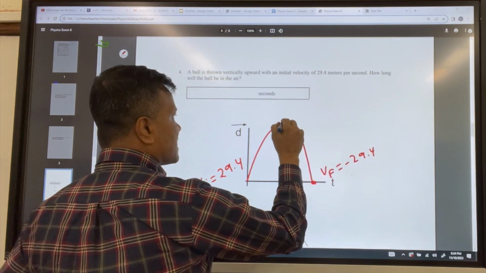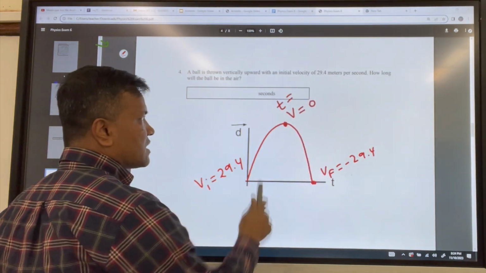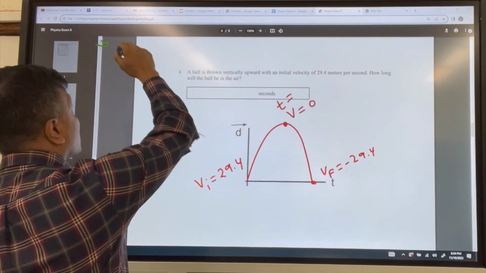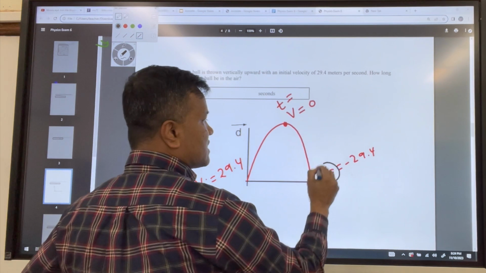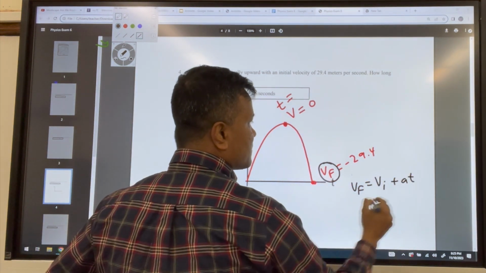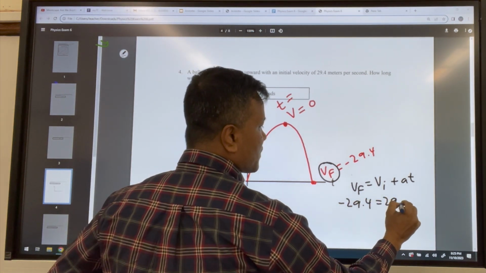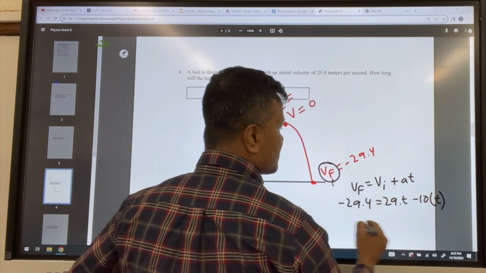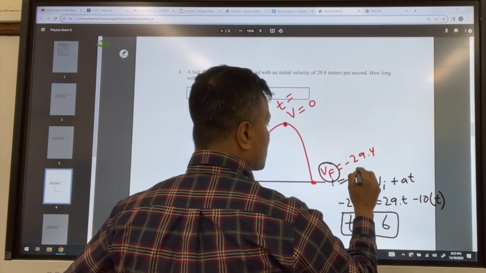Vf is equal to Vi plus at. So negative 29.4 is equal to 29.4 minus 10t. So that gives you t is equal to 6 directly. T is equal to 6.